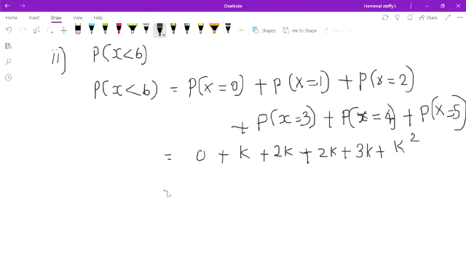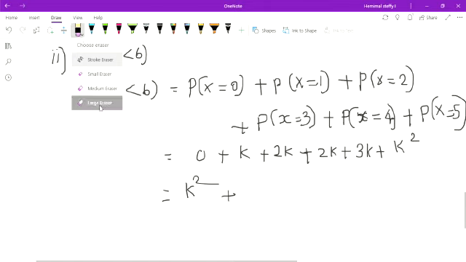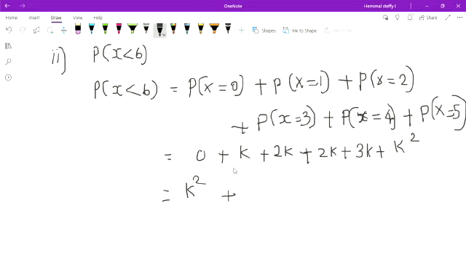First I am adding the k square, only one, so I will write it as it is, k square. Then I will add all the k values. How much? The k value total is 8k. You know the value of k.